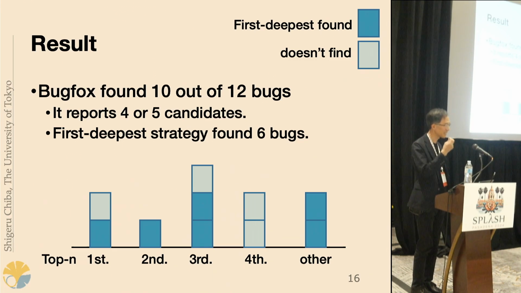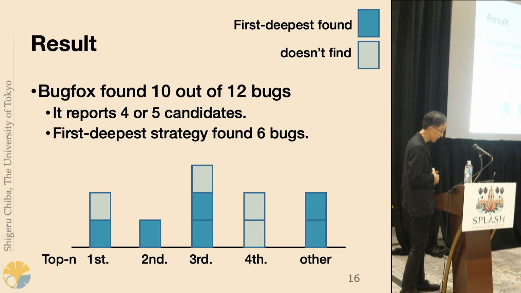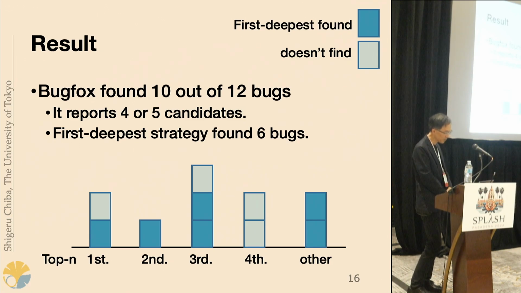It pops up 4 or 5, as a combination of the results of the first heuristic and the second heuristic. Here's the result. So basically, Bugfox could find 10 out of the 12 bugs. Not 100%, unfortunately, but that's the reality.